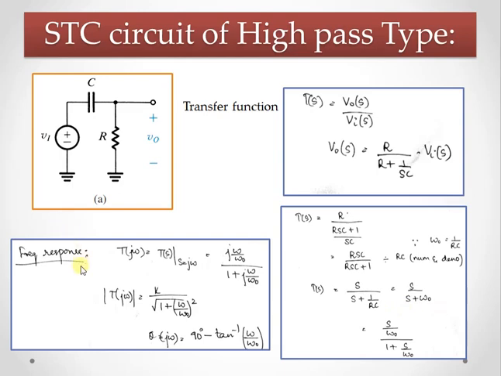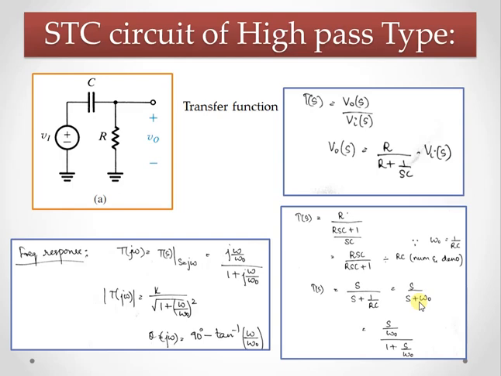The frequency response can be obtained as T(j omega), in terms of magnitude, equal to K divided by the square root of 1 plus (omega divided by omega naught) the whole squared, and the phase response will be 90 degrees minus tan inverse of omega by omega naught. If you observe, this kind of STC circuit is commonly used in the analysis of the frequency response of CS amplifiers.